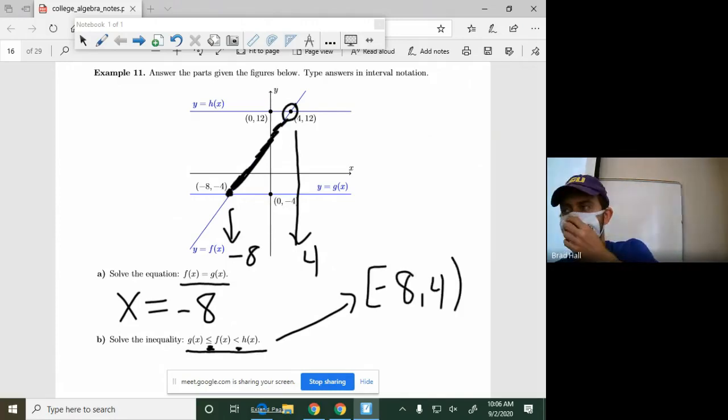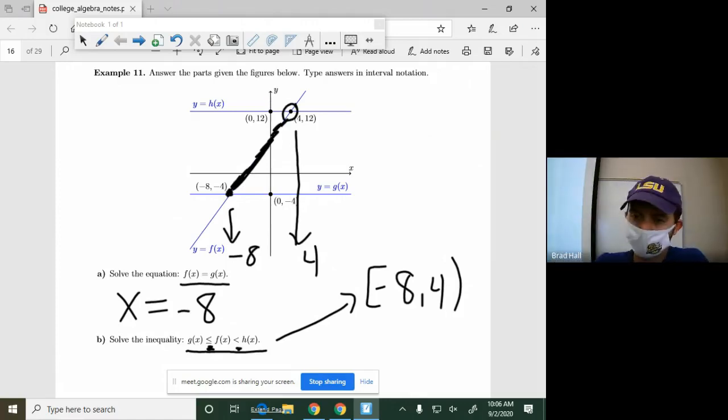We use -8 with a bracket because that side had an equal to component in the inequality they gave us. And the 4 has a parenthesis because it did not have an equal to component. So that would answer part B. So again, nothing computational, just more so identification based.